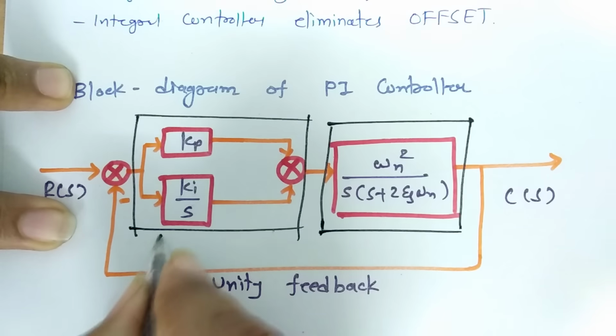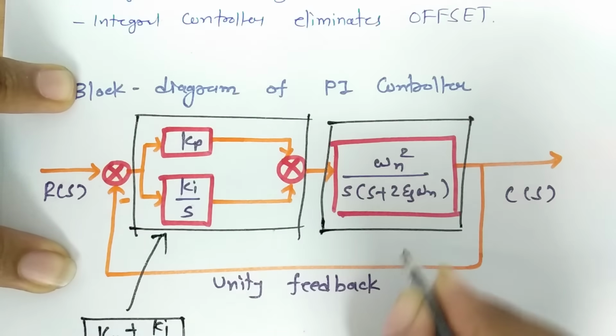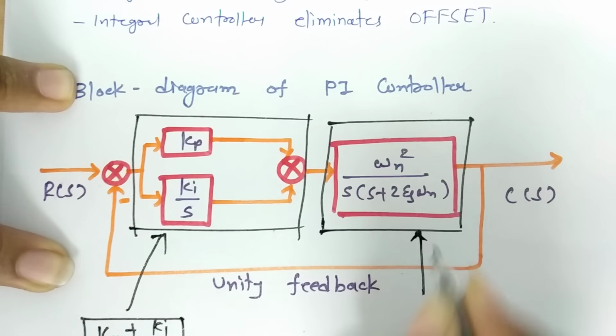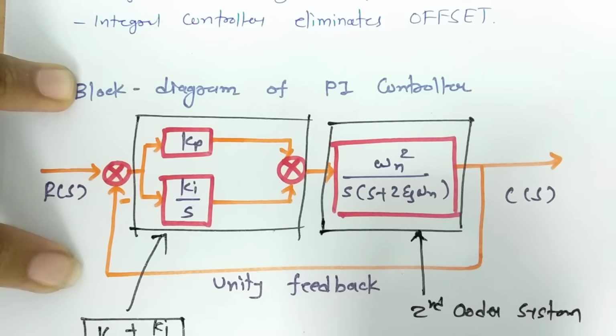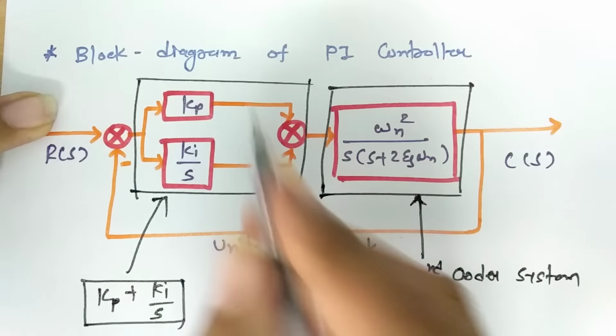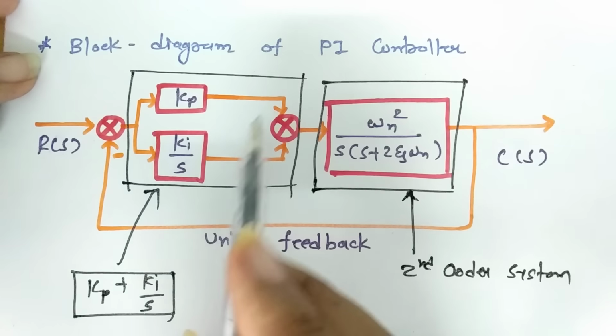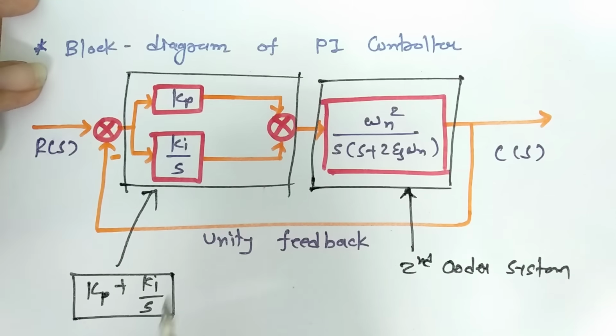The controller part has a resultant block which is Kp plus Ki divided by S. And when we talk about the system, this is a standard second order system. So ultimately this is the standard second order system, and this is the PI controller, which we are connecting to control this standard second order system.